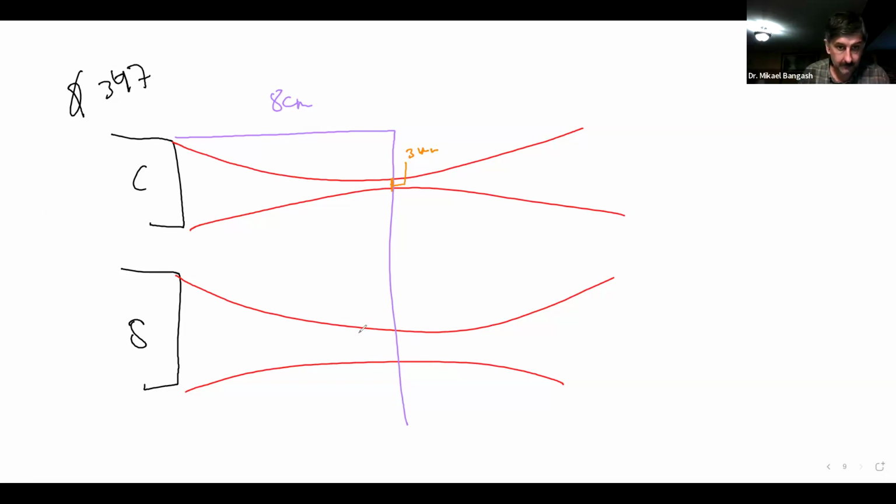System S and C. And system C has a lateral resolution of 5 millimeters.